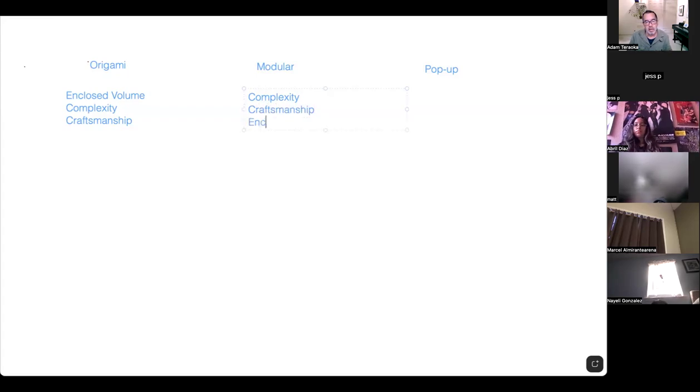Then I look at enclosed volume. Complexity in the modular project, you can think of them as pixels, right? Every form that you make, if you do more of them, it increases the resolution. Does that make sense?